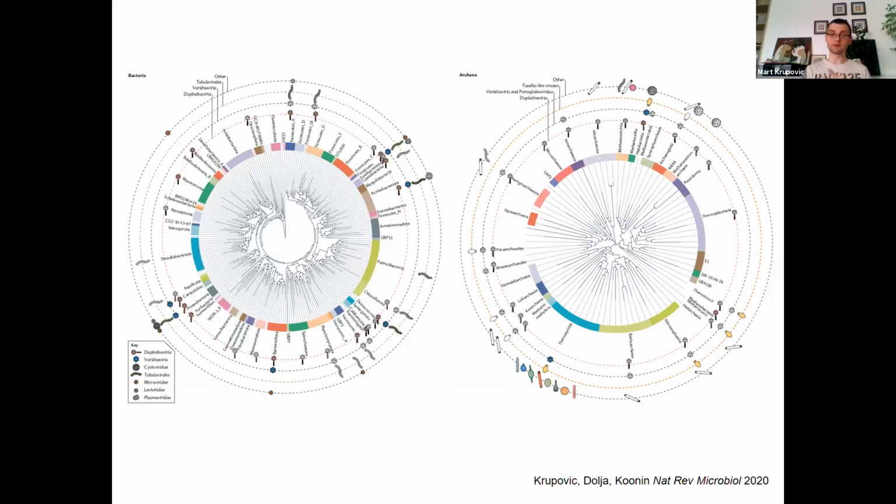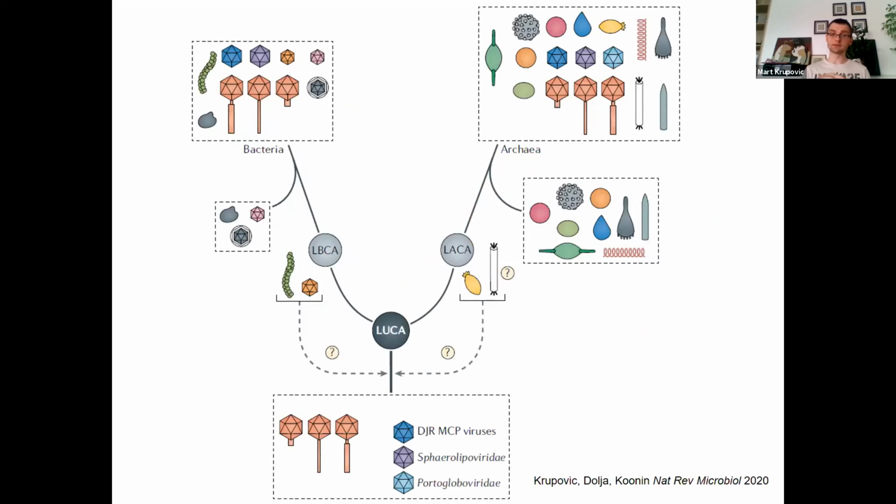This type of mapping suggests that the last universal cellular ancestor, LUCA, has been already infected by a very diverse virome consisting of diversified viruses with the Hong Kong 97 proteins, similar perhaps to the contemporary tailed phages, but also by tailless viruses with single and double jelly roll capsid proteins.